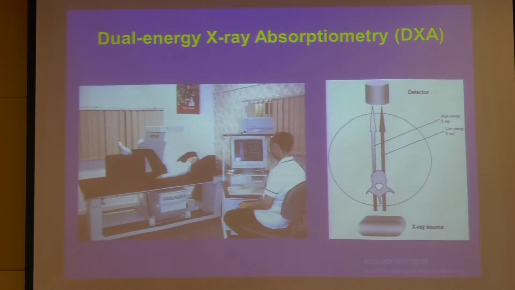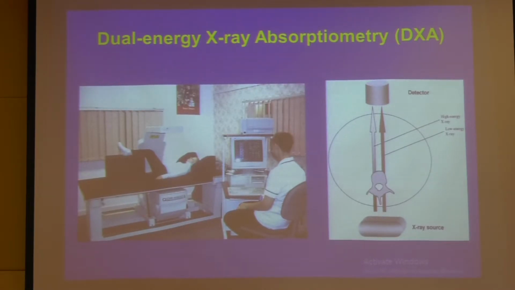DEXA is basically a machine which produces two sources of low energy which traverse through the body, and the attenuation of these beams allows the machine to actually estimate. It's really like a scale which can fractionate the area which is studied into fat mass, into lean body mass, and also into bone.